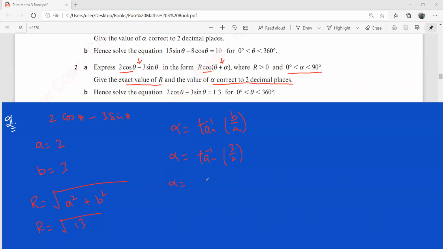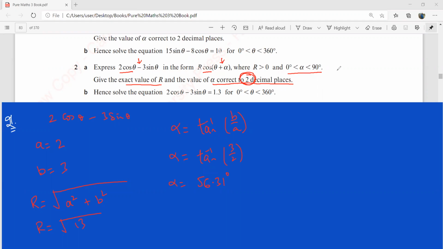It says correct to two decimal places, so that is 56.31. Thank you, beta. Please don't lose your marks by ignoring these conditions. So we have got this.